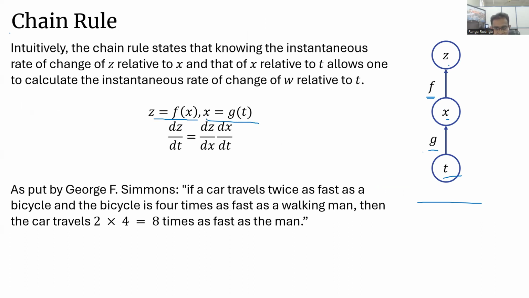Then if you apply the chain rule, dz by dt, the derivative of z with respect to t, is dz by dx times dx by dt. So it looks like you can cancel these things out, right? It's not true, not so. This is the chain rule.